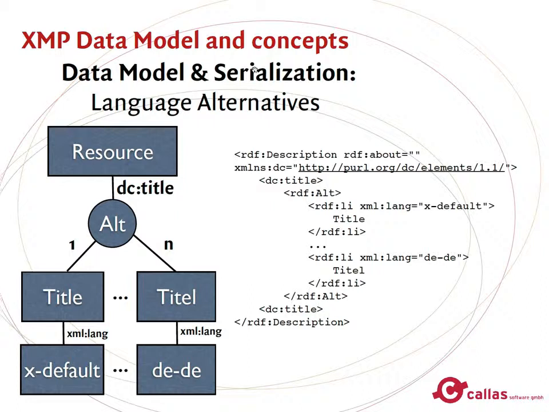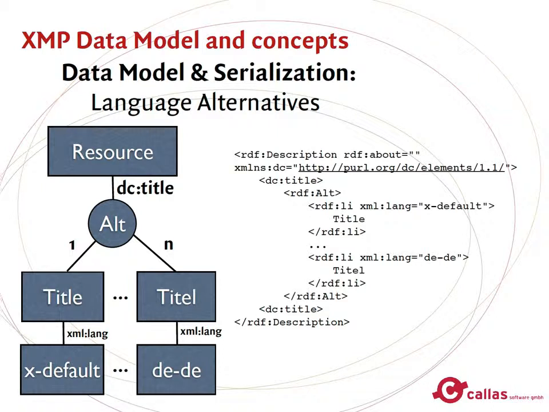Okay, so language alternative looks a little bit more complex. We have also the property name, that's dc:title in this case. We have a node for the alternative array.